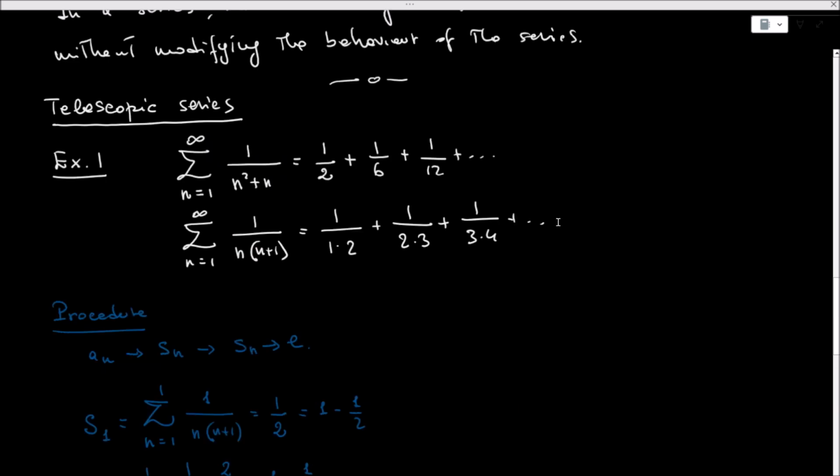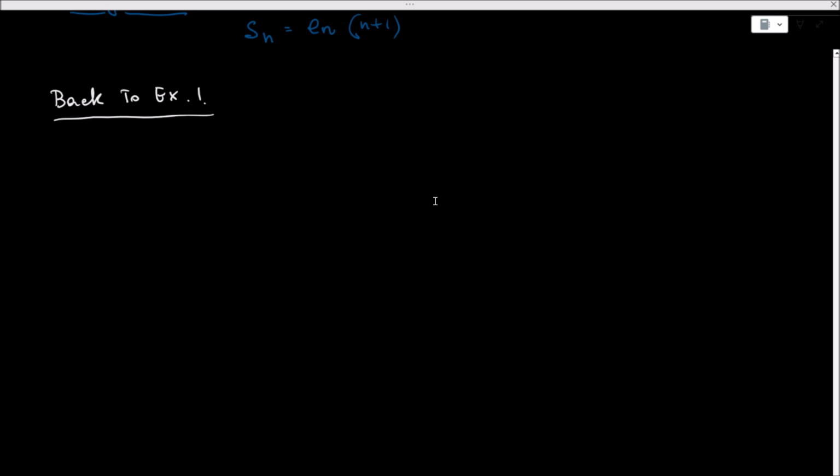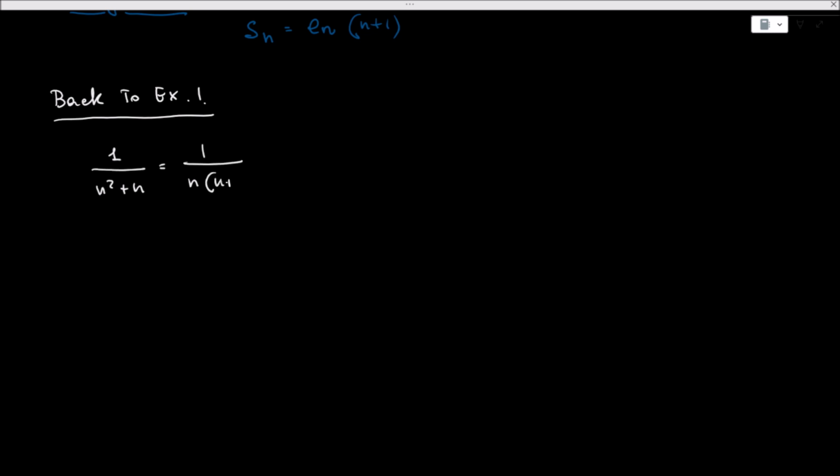In this case we had the sequence 1 divided by n squared plus n, which we wrote as 1 divided by n times n plus 1. But we can express this as 1 over n minus 1 divided by n plus 1, and you can easily check this. So we can express the single term of the sequence as a difference of two sequences.